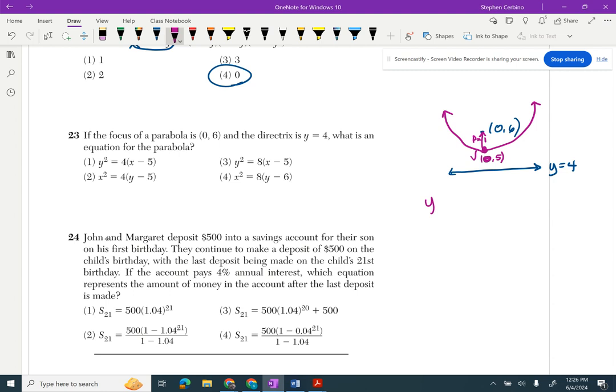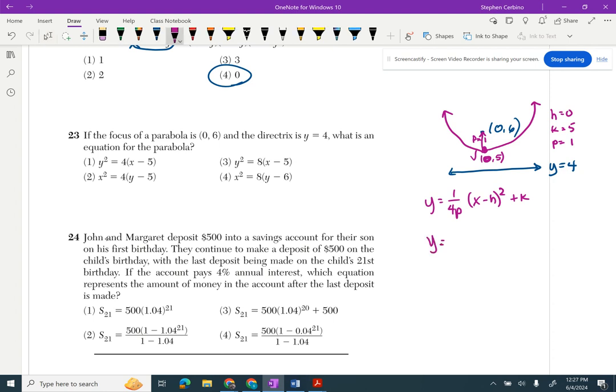So in our class, we learned that the form of a parabola is going to be this equation. Well, in this case, I know that the h is 0 because that's the x value of the vertex. The k is 5 because that's the y value of the vertex. And the p is 1. So now all I have to do is plug in.